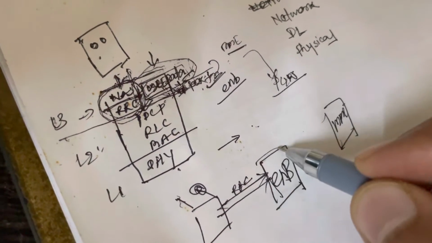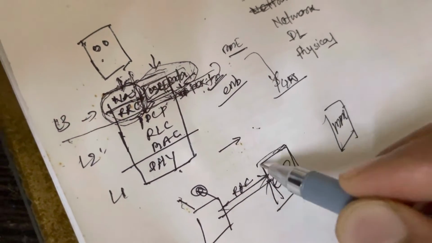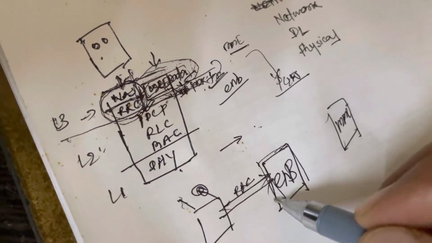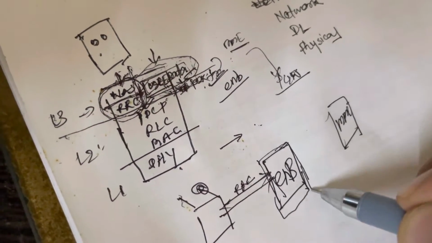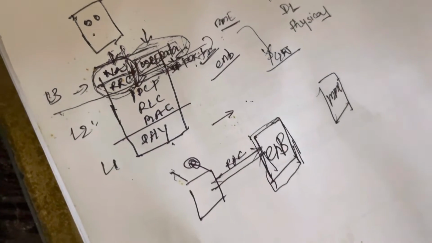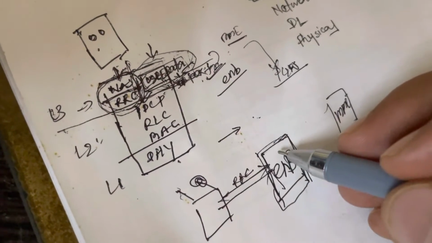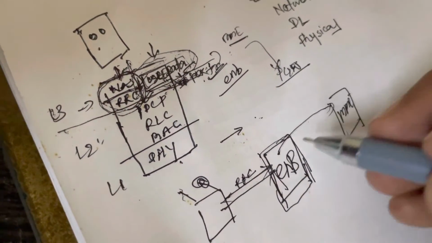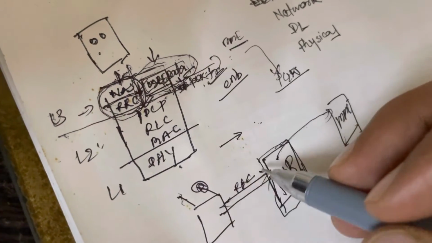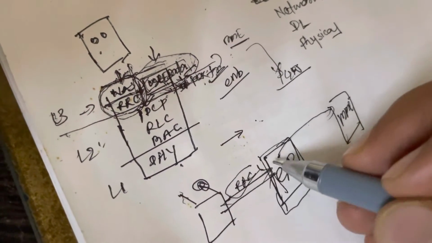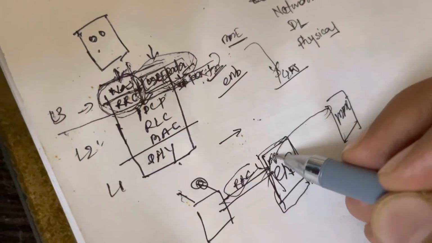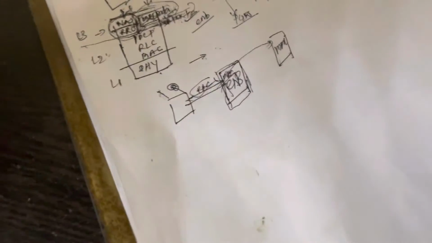Inside the eNodeB the NAS protocol is not there, so it cannot understand the meaning of this message, and it just forwards the message to the MME. It can understand the RRC message because the RRC protocol is there.